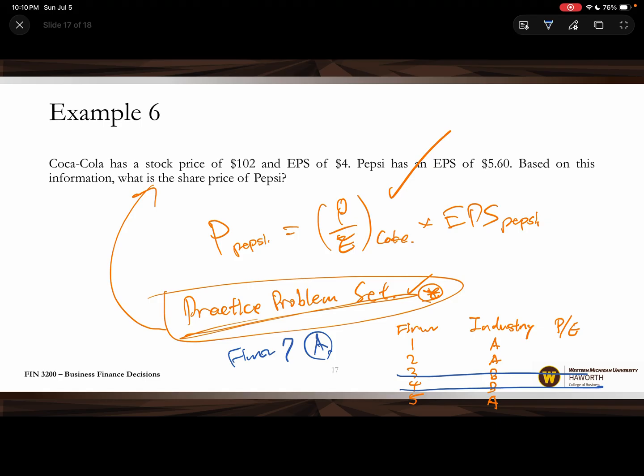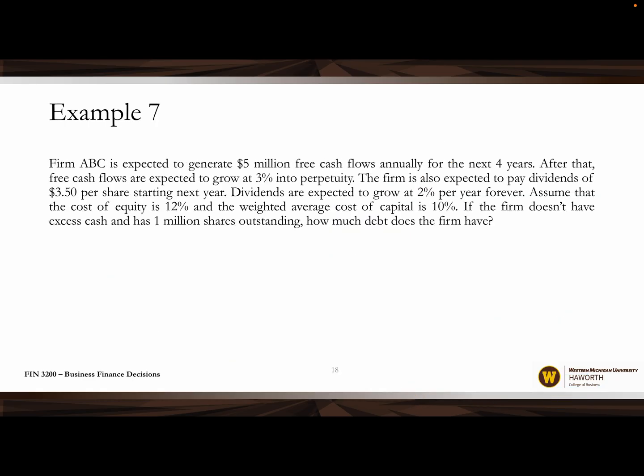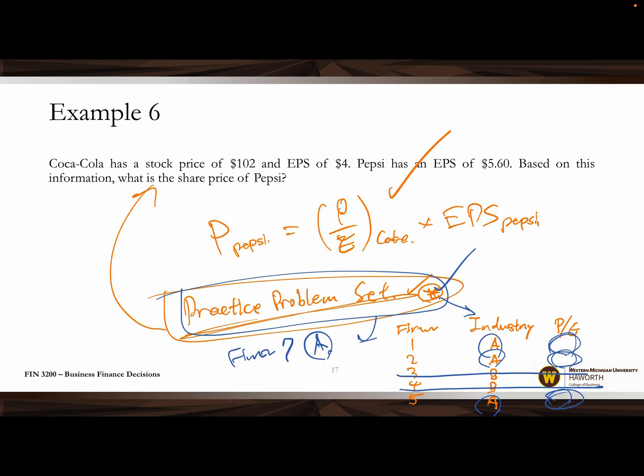So you want to look at firms 1, 2, and 5, take the average PE ratio, and go from there. You'll see the detailed solutions there, but make sure you take a look. As long as you do this, you will get the problem right. Example 7 we're going to skip. Okay, good.